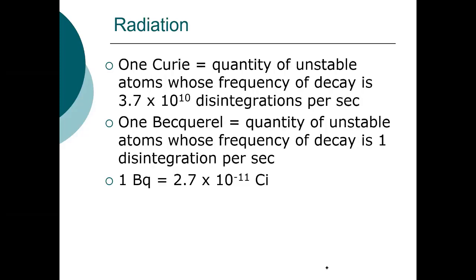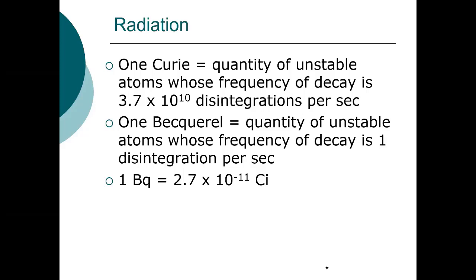When we measure radiation, the older unit that was used is a curie, and 1 curie is the quantity of unstable atoms whose frequency of decay is 3.7 times 10 to the 10 disintegrations per second. So if you were at a Geiger counter measuring disintegrations, 1 curie would be that amount of material for which you recorded 3.7 times 10 to the 10 disintegrations per second.